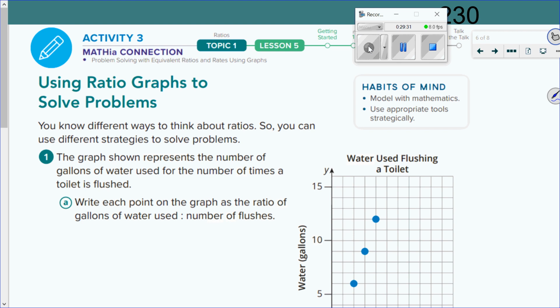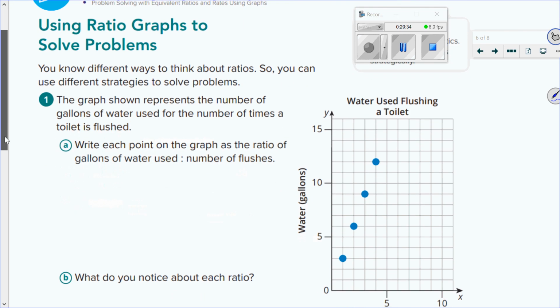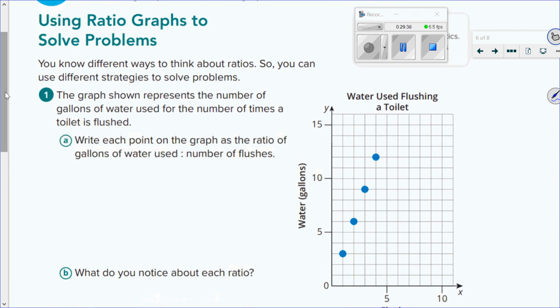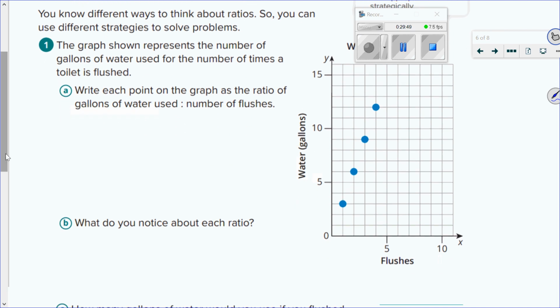All right, so we have talked about different ways to show equivalent ratios. The graph represents the number of gallons of water used to the number of times a toilet is flushed. So let's look at our graph first.